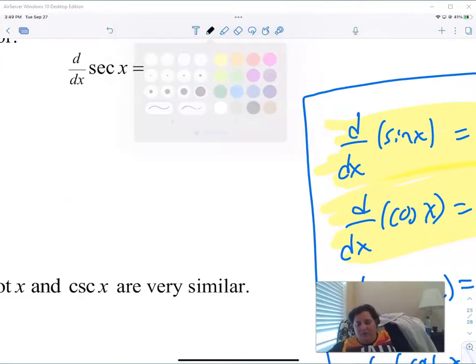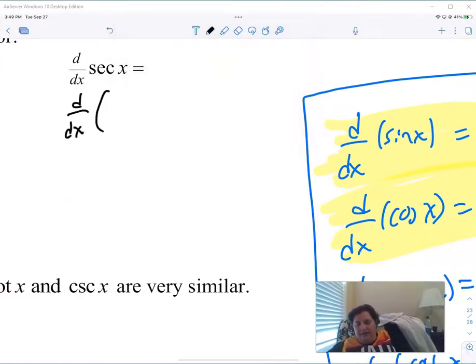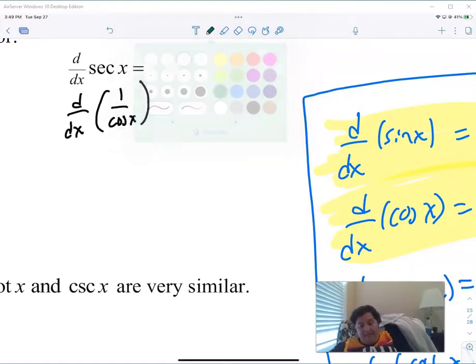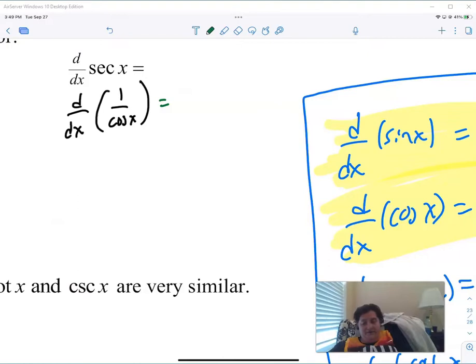Okay. So secant, we know, is 1 over cosine. I could do a quotient rule here, too. All right? I can go like this. Derivative of the top. Now, guys, you got to be careful. That's a constant. The derivative of constant is 0 times the bottom minus the top times derivative of the bottom.